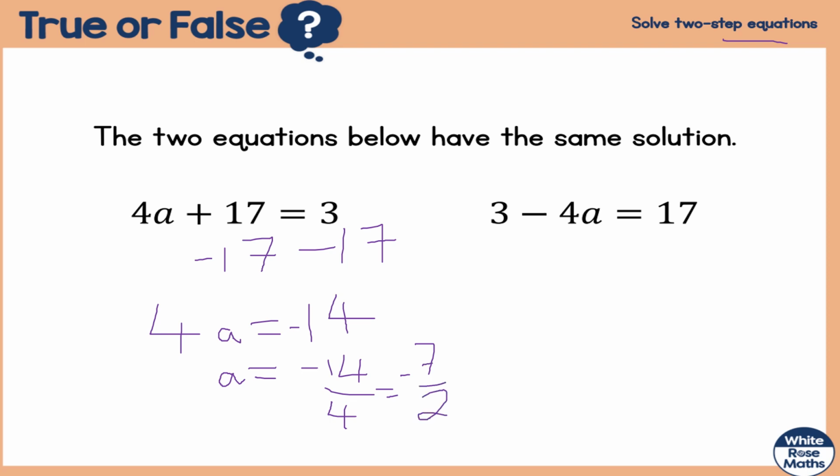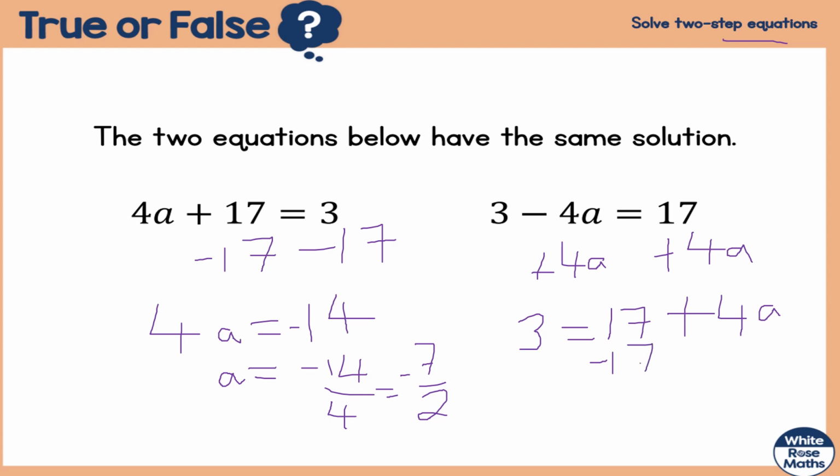For the next one, I'm going to add 4a to both sides to balance the equation. So I get 3 is equal to 17 plus 4a. Subtract 17 on both sides of my equation, and then divide through by the 4. I get minus 14 is equal to 4a.